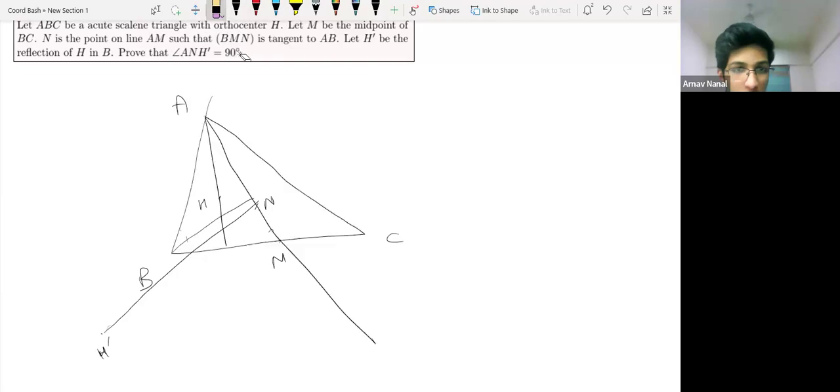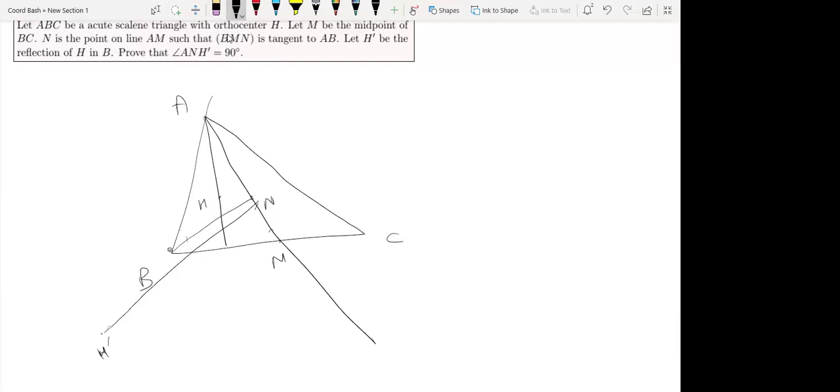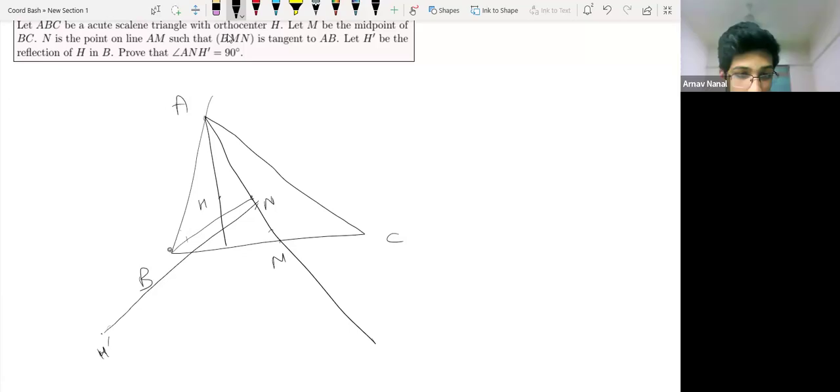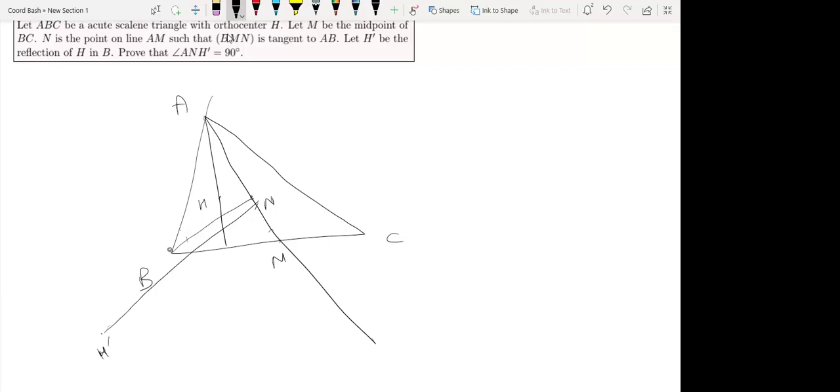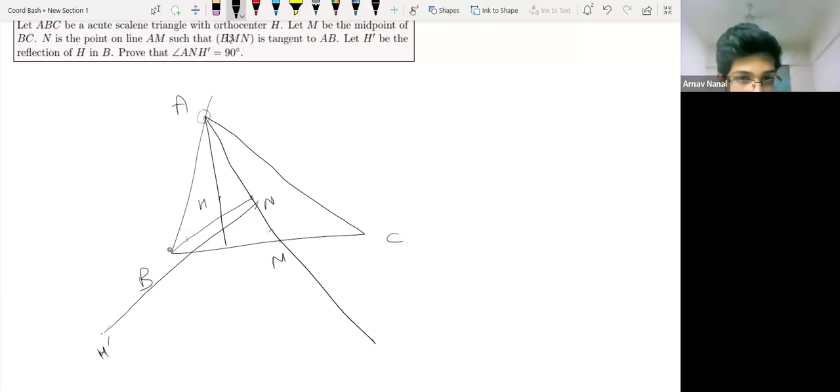ANB, right? Yes. And which is the common vertex of the isosceles? A. Interesting. Okay, why? So this angle is 180 minus this angle, but then this angle is this angle. No, I don't see why.